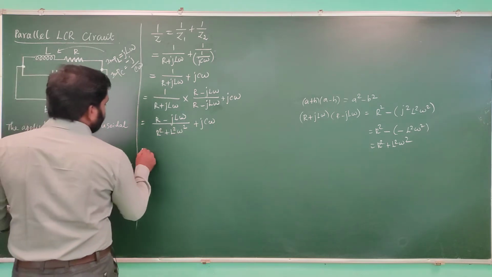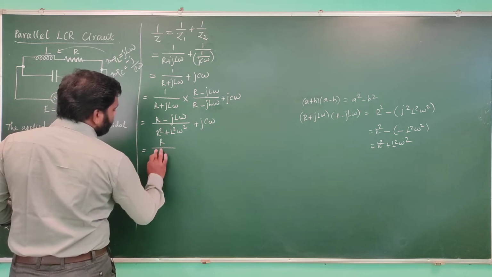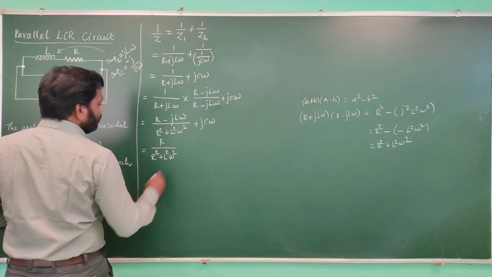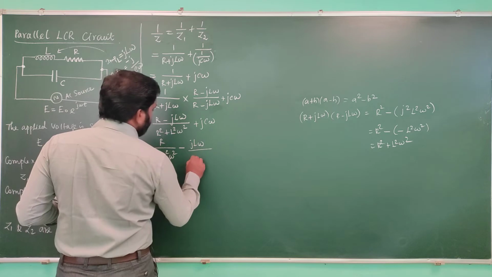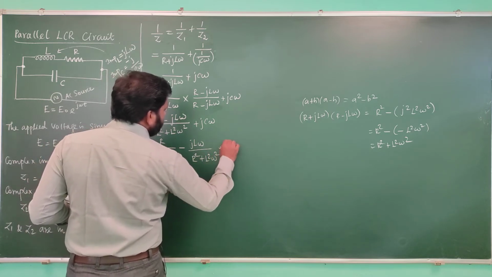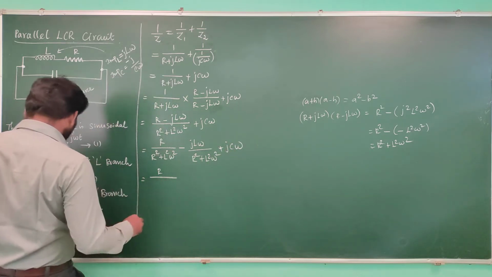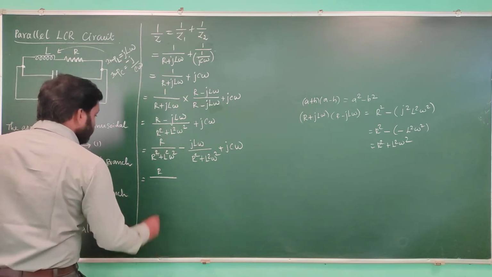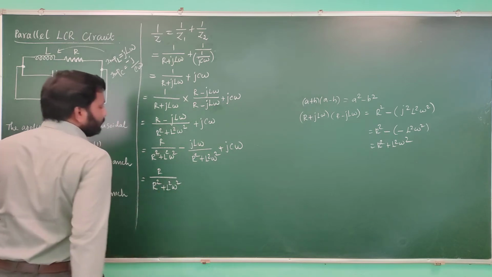Or we can write R by R square plus L square omega square minus j L omega divided by R square plus L square omega square, plus j C omega. Now again we can rewrite this as R by R square plus L square omega square.